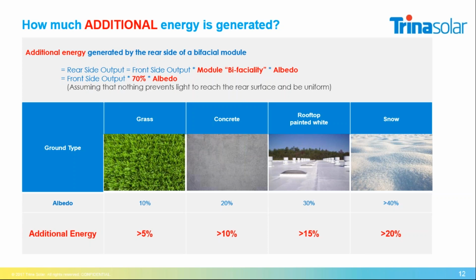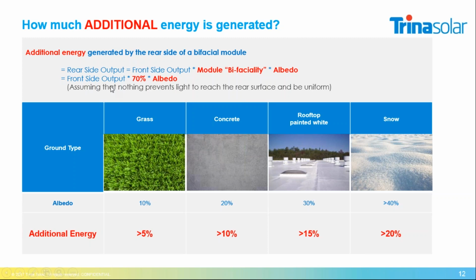There we have to differentiate between the P-type cell and the N-type cell. The P-type cell has a bifaciality of 60 to 70% approximately, and the N-type, which is more expensive, goes above 90%. That means the maximum rear side power is calculated as shown here.